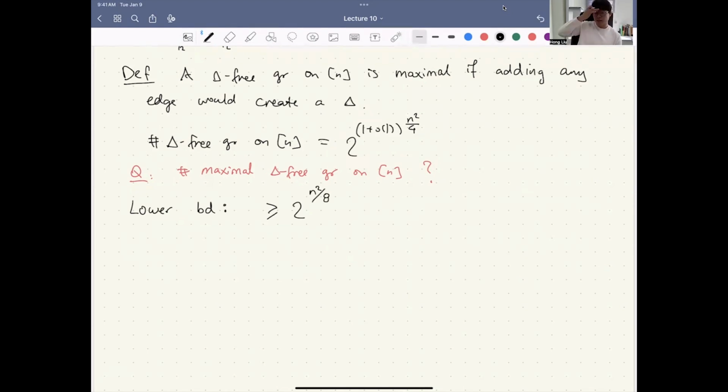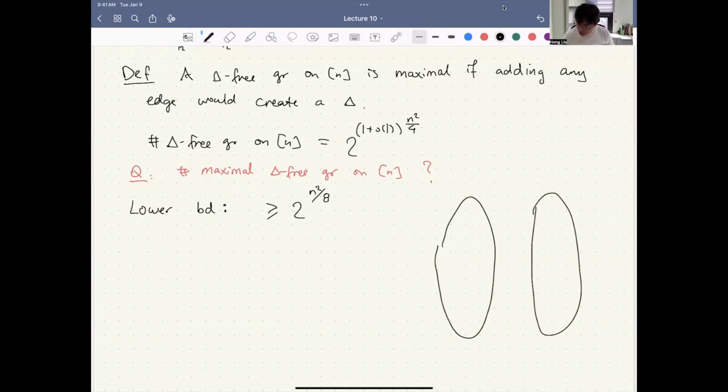So how do we obtain n squared over 8? Let's try to generate maximal triangle free graphs. Here's what we do. Let's split the vertex set into two parts, each of size, let's say for simplicity, 4 divides n, so here's n over 2, an even number.